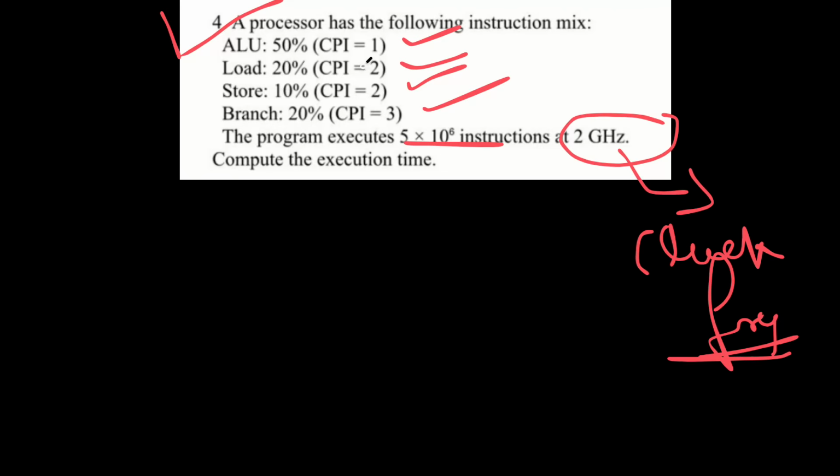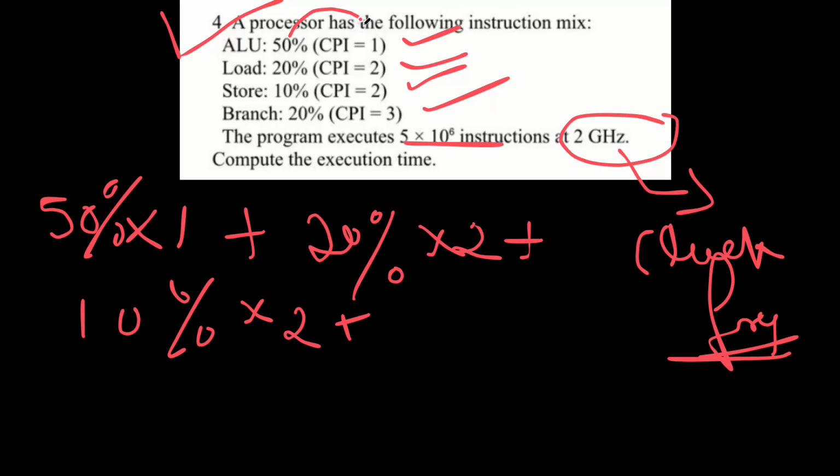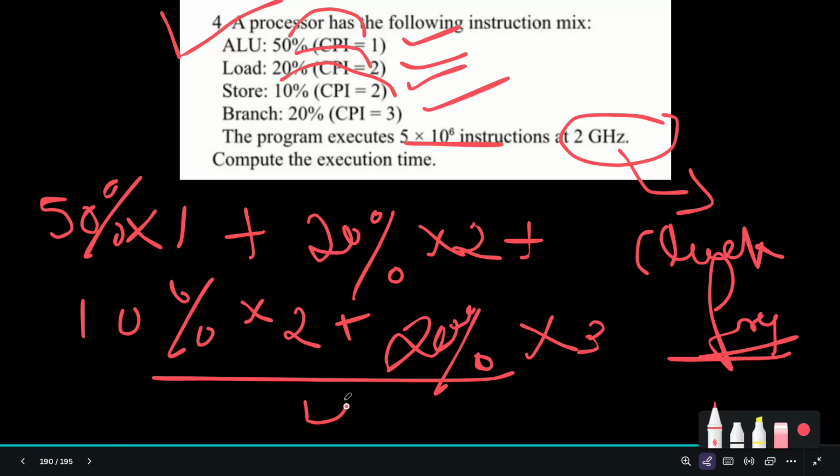How are we going to do this? Here you have to calculate the effective CPI. How do we calculate it? 50% into 1 plus 20% into 2 plus 10% into 2 plus 20% into 3. This is the CPI. Whole divided by 4, because there are 4 instructions.